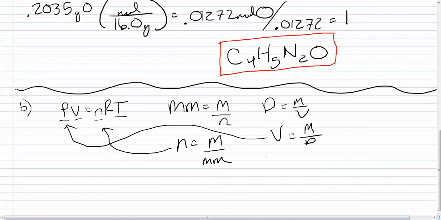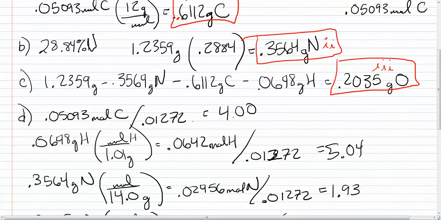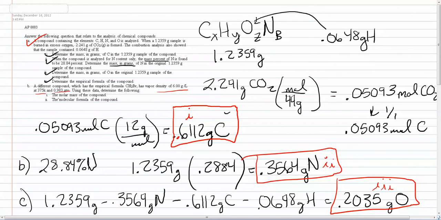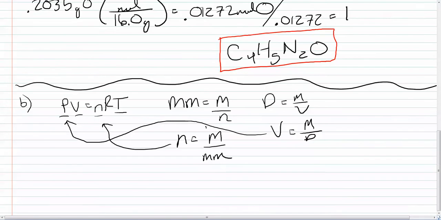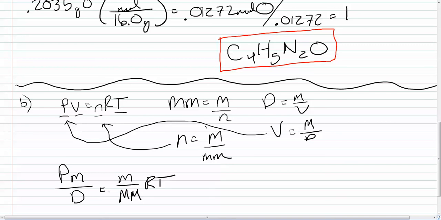So we'll plug these in, and we've actually seen this equation before, done this a couple of times. Remember, we are looking for molar mass, so we are going to try to solve for MM after this stuff is plugged in. So we've got P times mass over density is equal to mass over molar mass times RT.